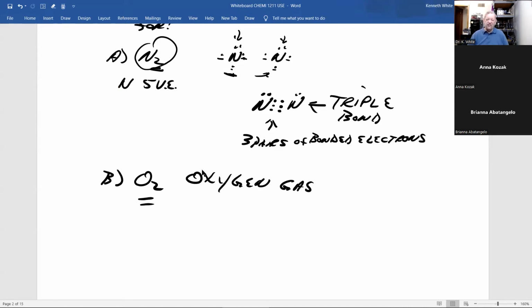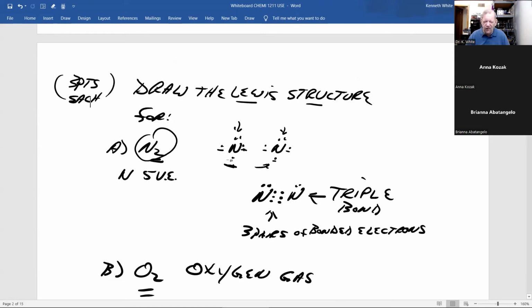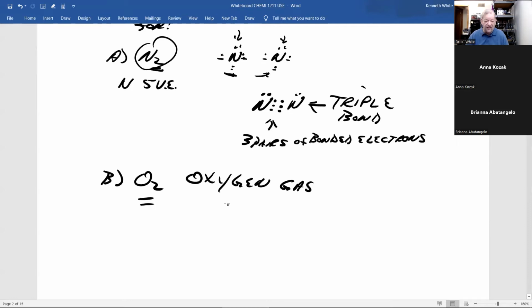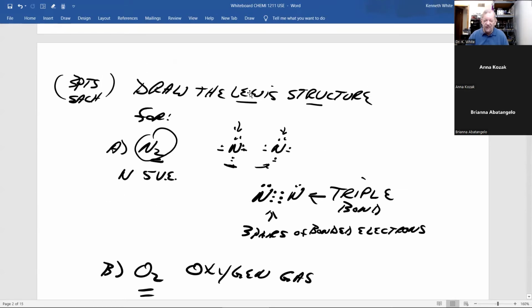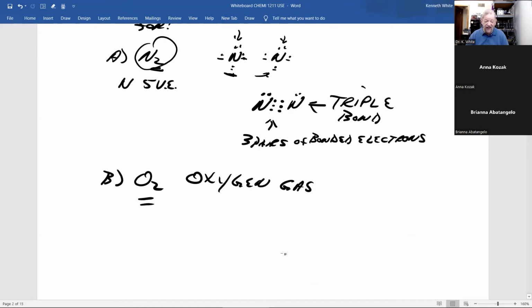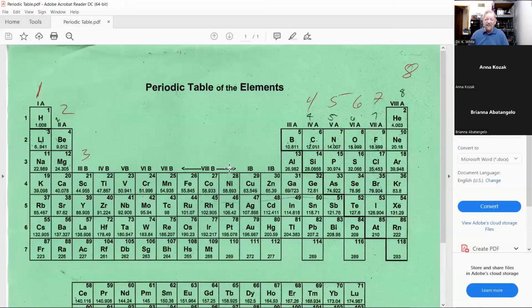And the same question would be, draw the Lewis structure for oxygen gas. Well, as soon as you see the Lewis structure, you know you're dealing with valence electrons. So we have 2 oxygens, O2, and now we have to find how many valence electrons oxygen has.